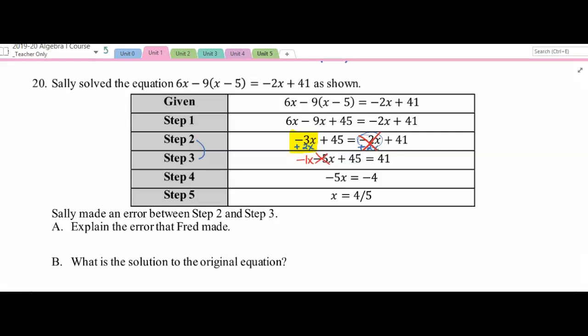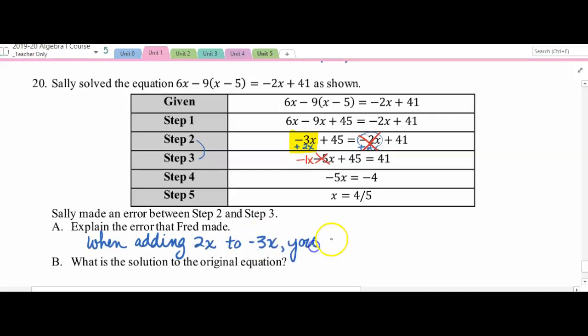So, to describe the error, when adding 2x to negative 3x, you get negative 1x, not negative 5x.